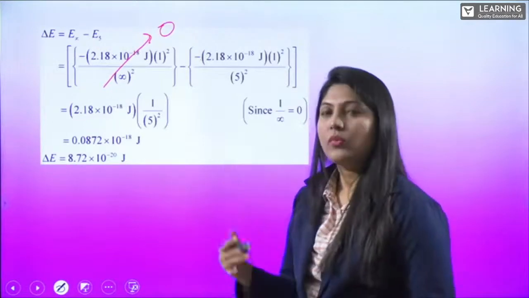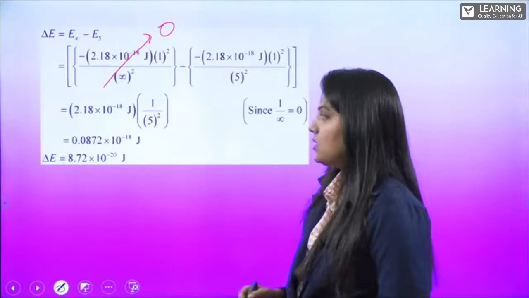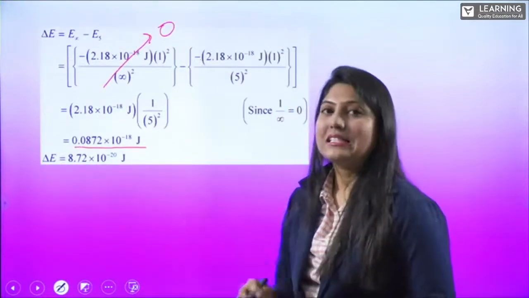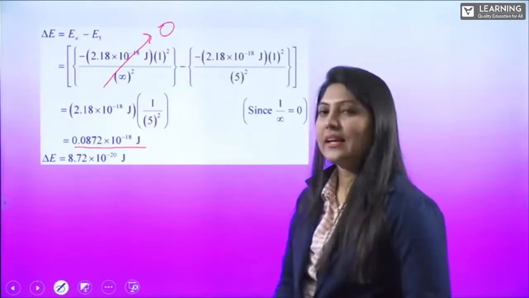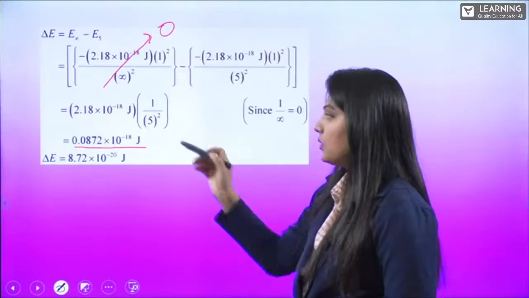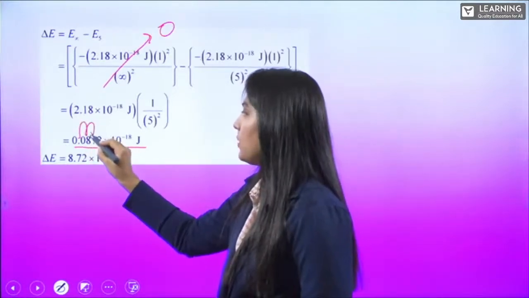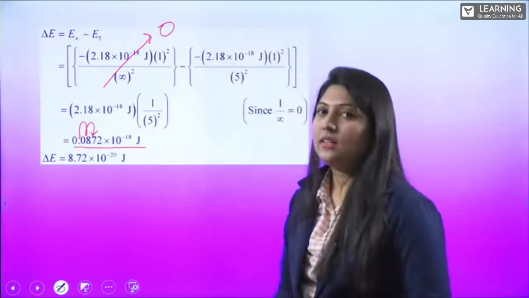We know 5 square is 25, so 1 by 25. By substituting that value, we get 0.0872 into 10 raised to minus 19 joules. If you shift the decimal point, it becomes 8.72 into 10 raised to minus 20.